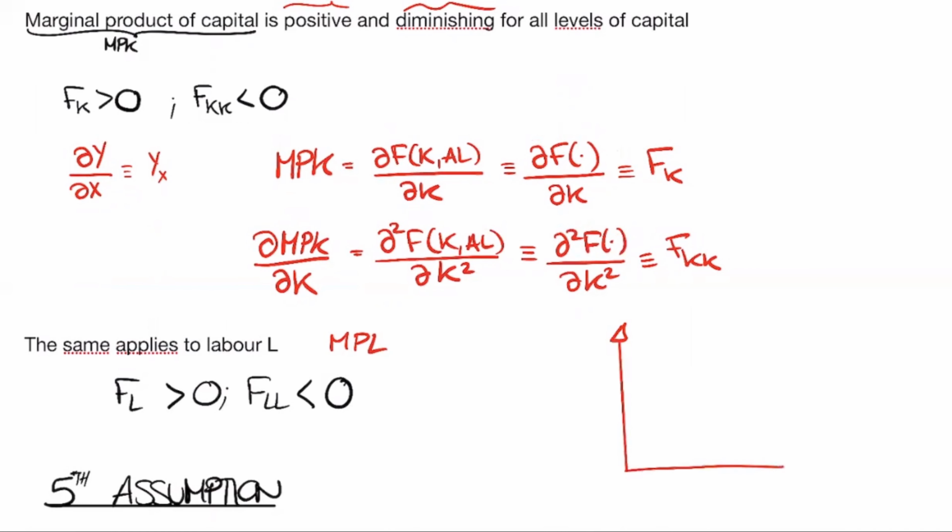We would have L here and Y here. We would have that if we hold K constant and vary L, the production function has a shape like that with respect to L. Like it is increasing and diminishing. It is concave, okay?